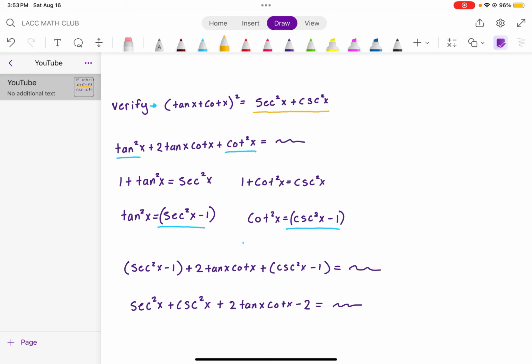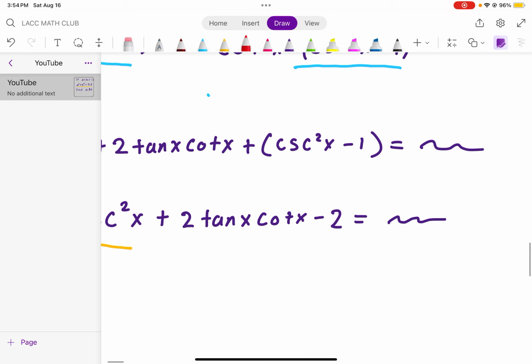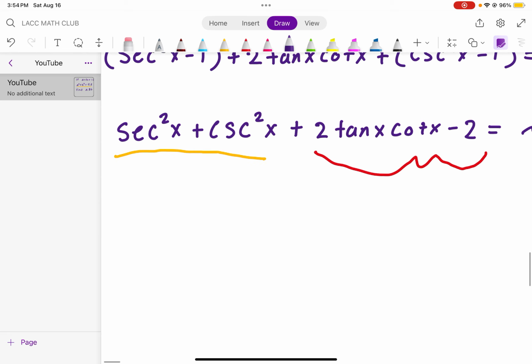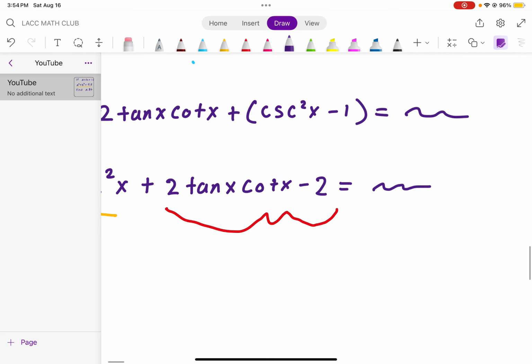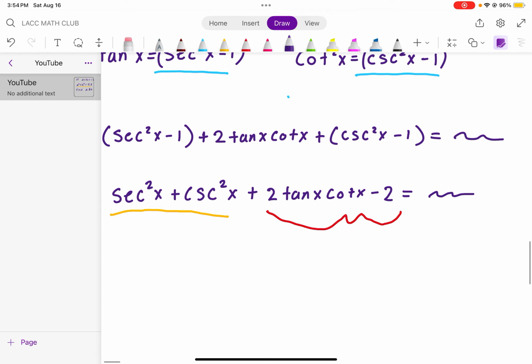Look at that, we have cosecant squared plus secant squared. If only this could somehow equal 0, right? So let's think about what would make this 0. If it was 2 minus 2, but it's not 2 minus 2, it's 2 tangent cotangent minus 2.